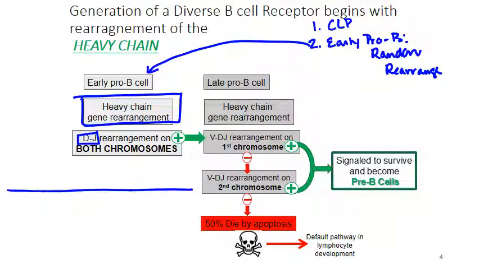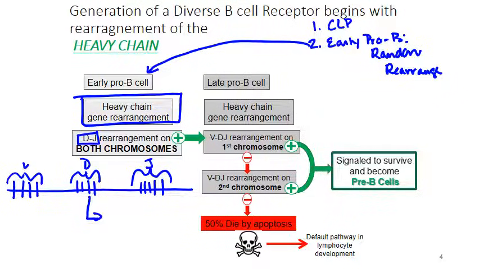So I want you to think of it like this. You've got all these V regions, which are not rearranging yet. You've got all these D regions and all these J regions, which are going to rearrange. We're going to try to get this D and this J to come together so that they're rearranged near each other.